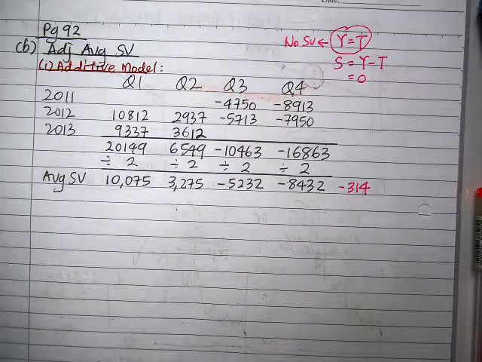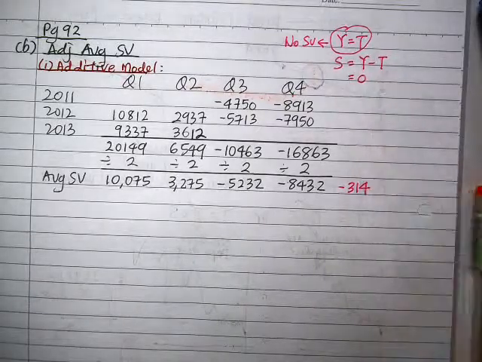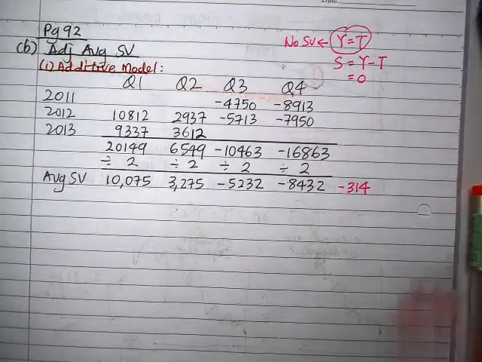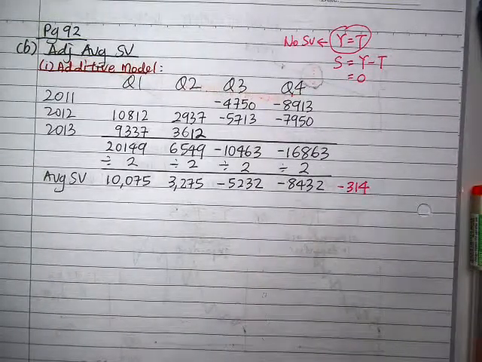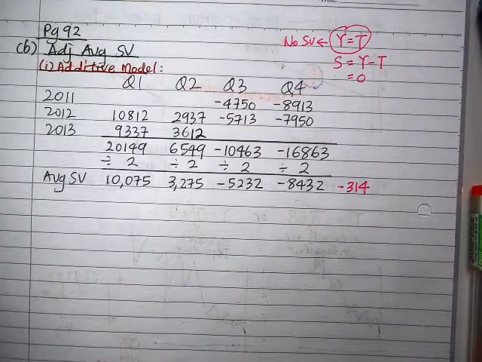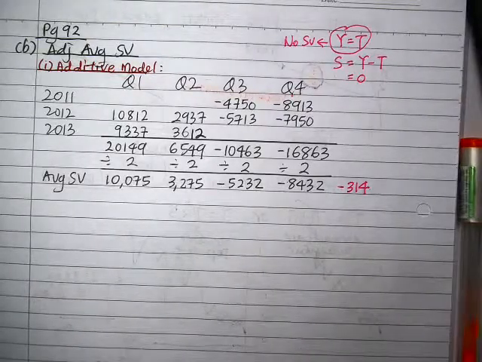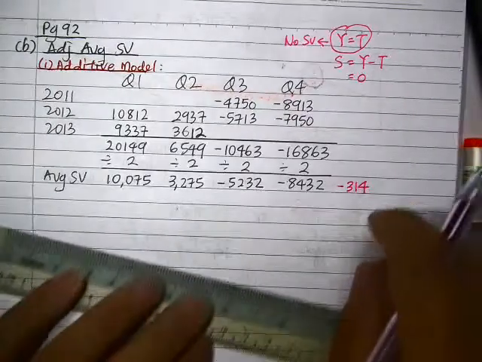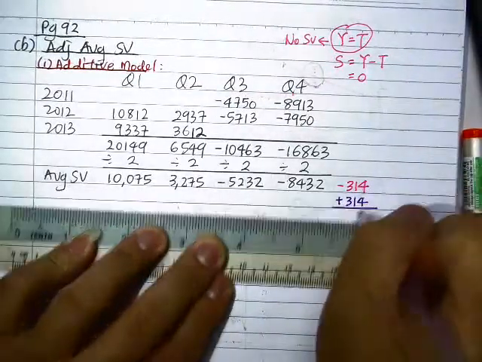In the long run, when the effect of seasonal variation is not there, when everything combines and cancels out each other, then Y equals T. So S must carry 0 value. But you see here, the value was not 0, which obviously is a mathematical effect. So we treat this as some random factor, some other fluctuation that we have not accounted for. So what we do is we put this to 0.